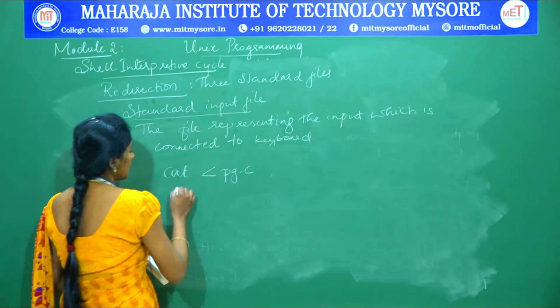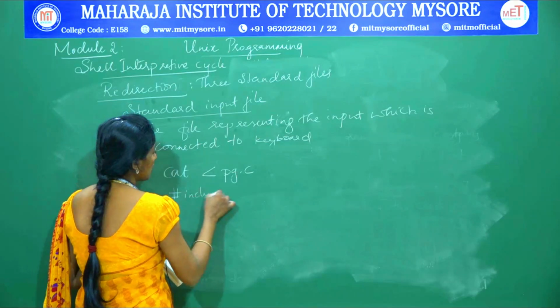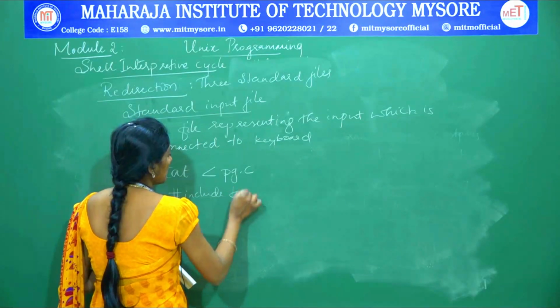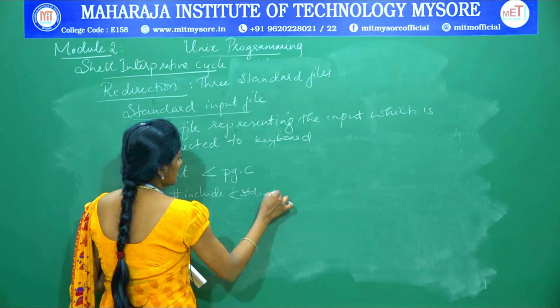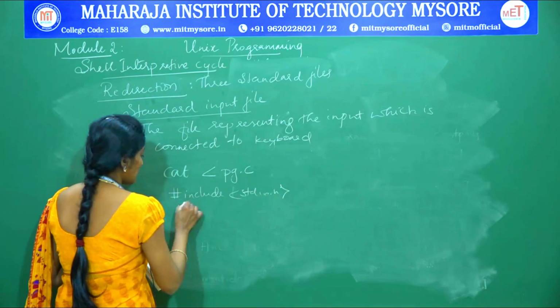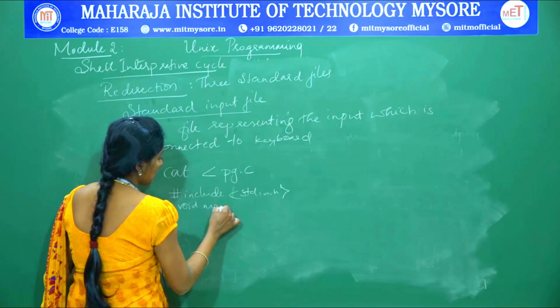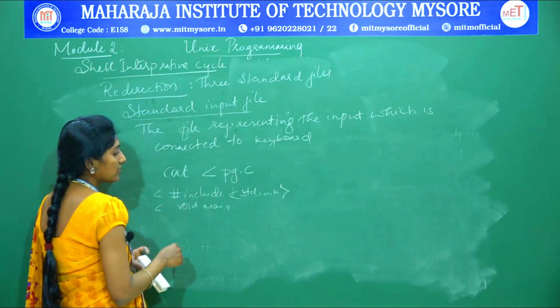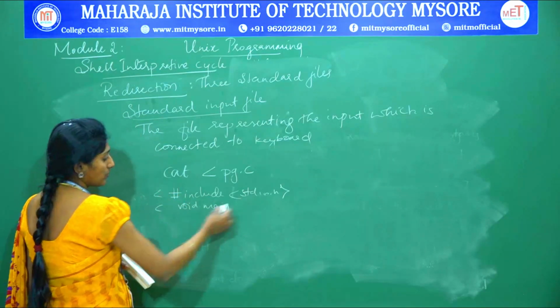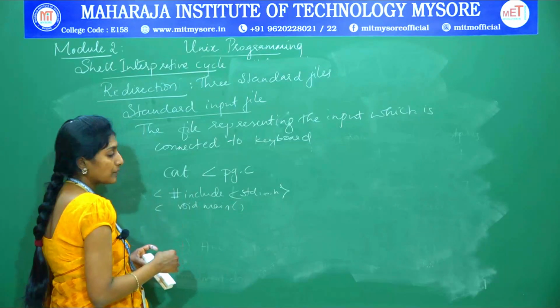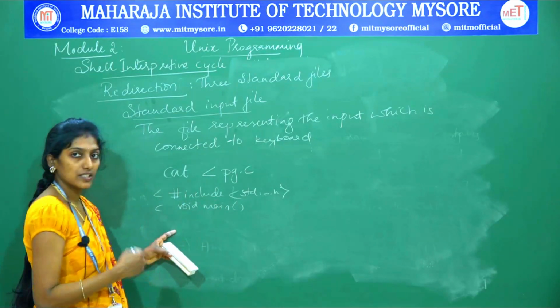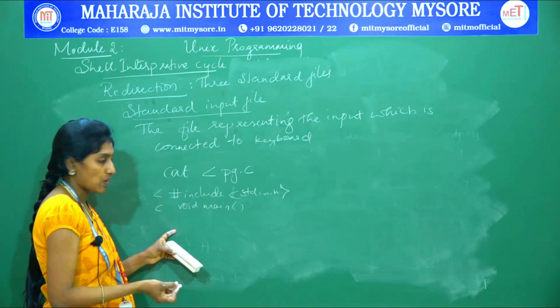So whatever content we now enter here: #include stdio.h, next void main. This is going to prompt you for the input. It is not going to point the cursor directly at the next command.